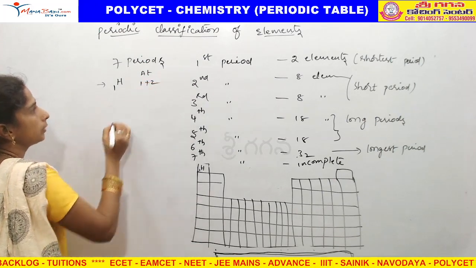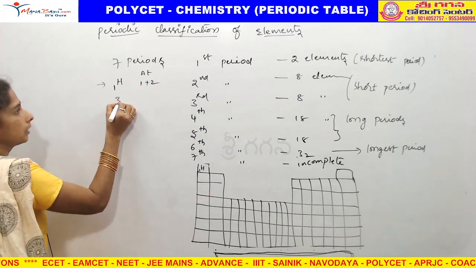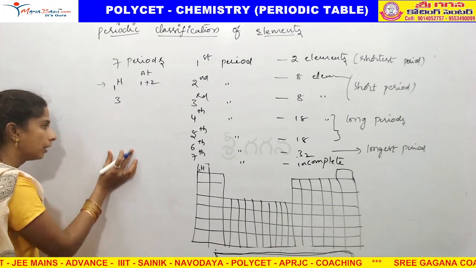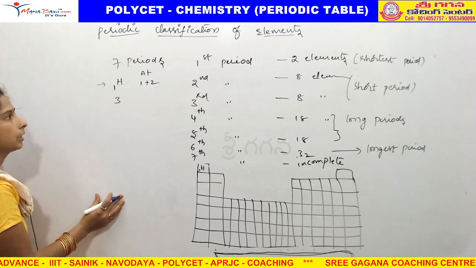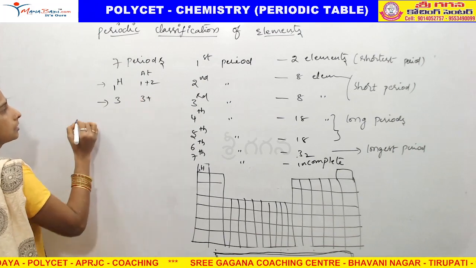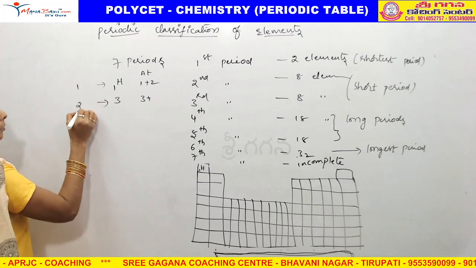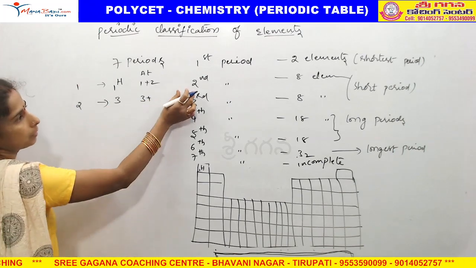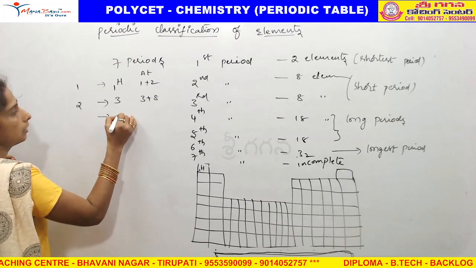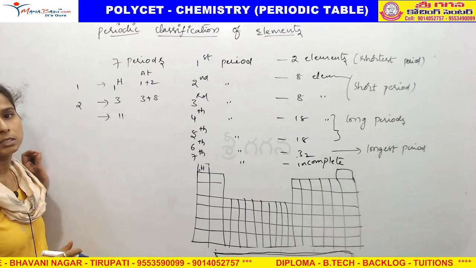So add 2, the next atomic number is 3. If you don't know the elements, not a problem, you can get the atomic number 3. In the second period, how many elements are there? 8 elements. So the atomic number is 11.